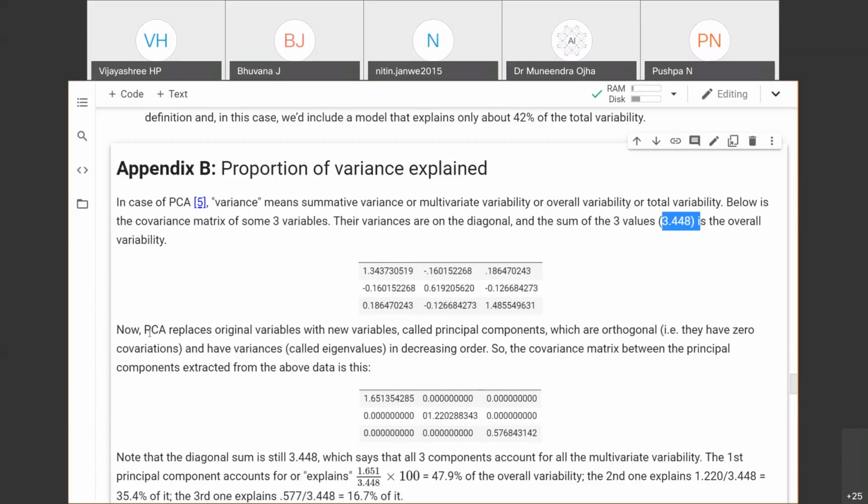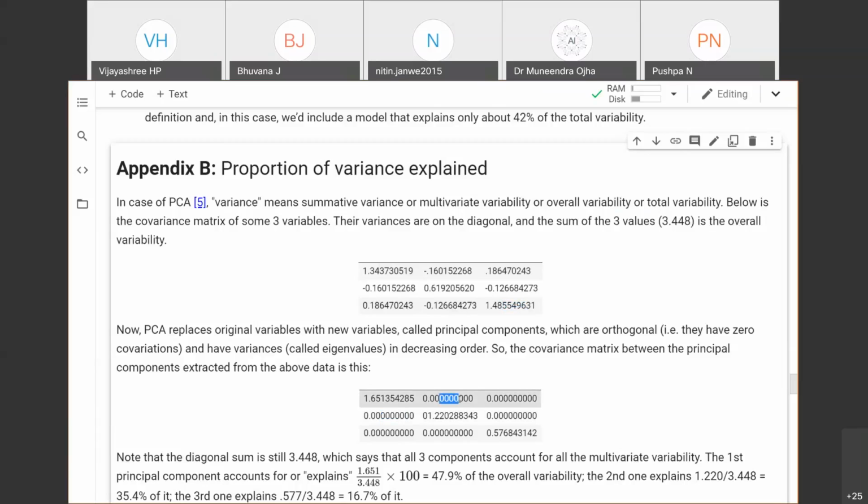If we perform principal component analysis on this covariance matrix, we will get a new covariance matrix in which the diagonal entries are variances, and the covariance in the matrix after performing PCA becomes 0.